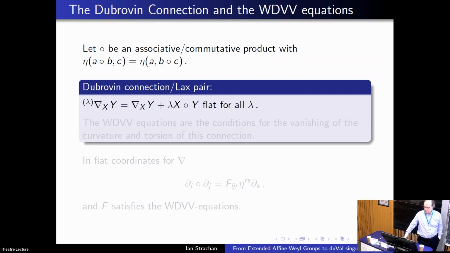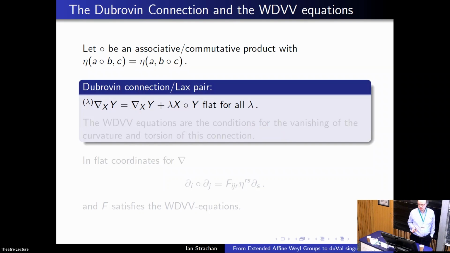We deform a standard Levi-Civita connection associated to the metric by lambda times this multiplication x times y. So the WDVV equations are the conditions for this deformed connection to have zero curvature and zero torsion. So the zero torsion is very quick to see.